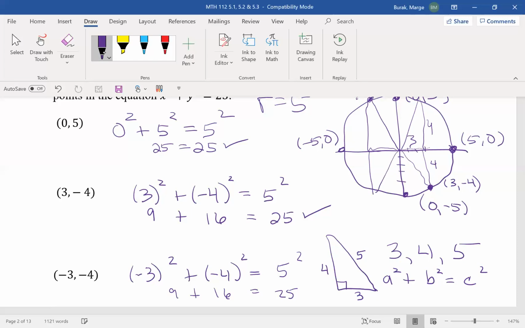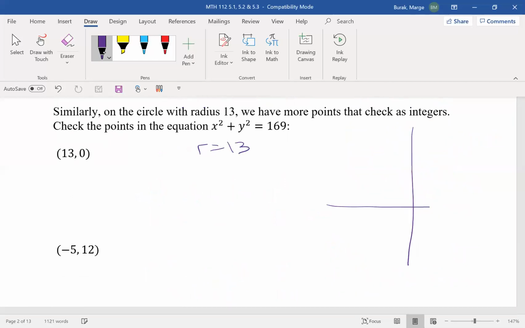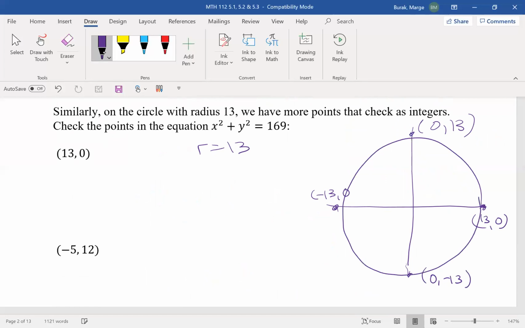The other popular one has a radius of 13, and it looks like this. This would be 13, 0, 0, 13, -13, 0, and 0, -13. So this circle also has beautiful points.